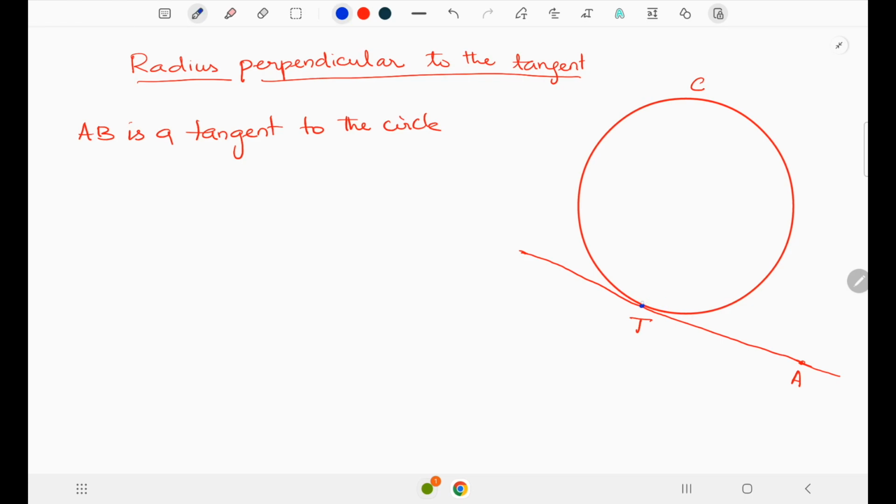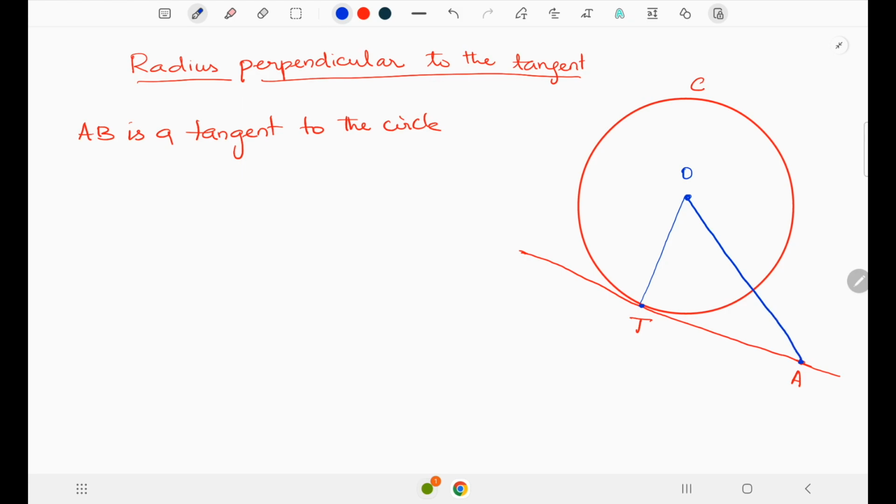So this is T and this is A, and this might be the center O. Okay, now I just draw a line, touching the points A and T.